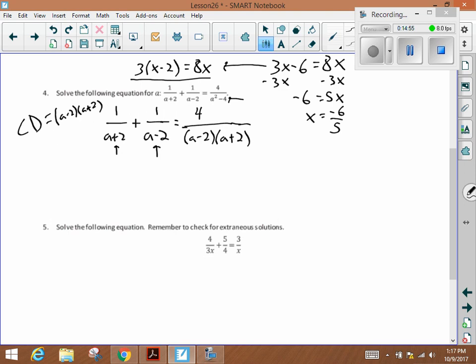So if I multiply both sides by a minus 2 times a plus 2, it should look a bit like this.